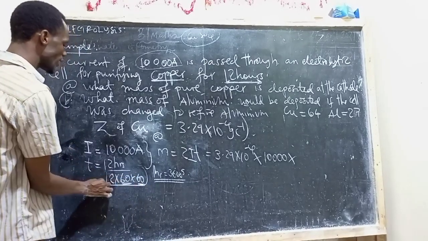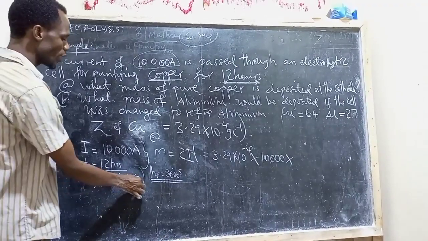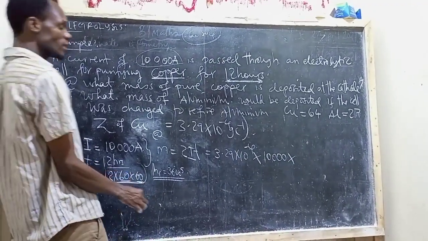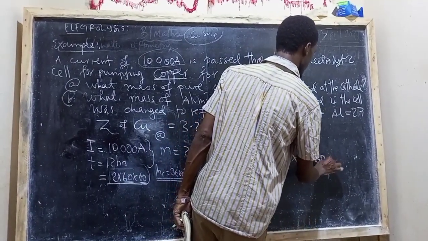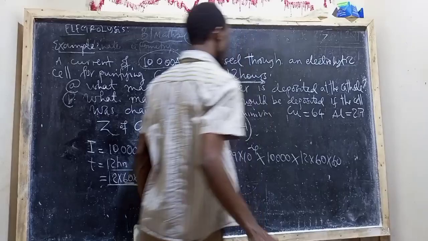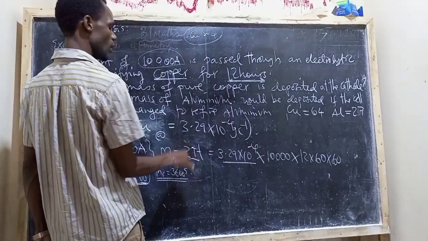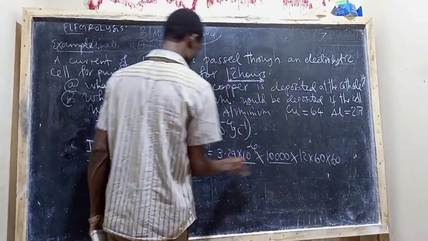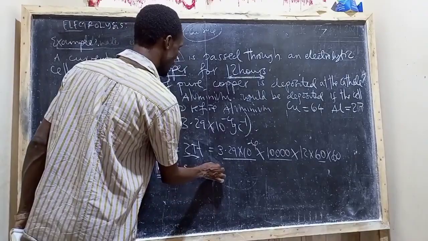No matter if we're talking about 24 hours, we have to convert them into seconds. That is why it is 12 times 60 times 60. So mathematically, this is Z, here it is, this is the I, here it is, and this is the time, here it is. We are looking for the mass.